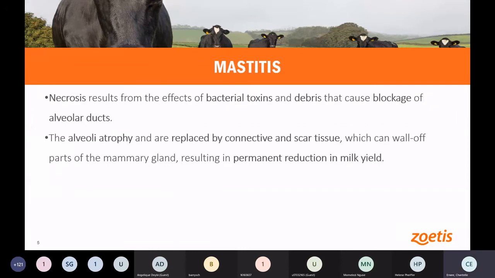All right, so this is what I've just said. Those alveoli are replaced by connective tissue, scar tissue, and that just permanently reduces that cell's ability to actually produce milk.